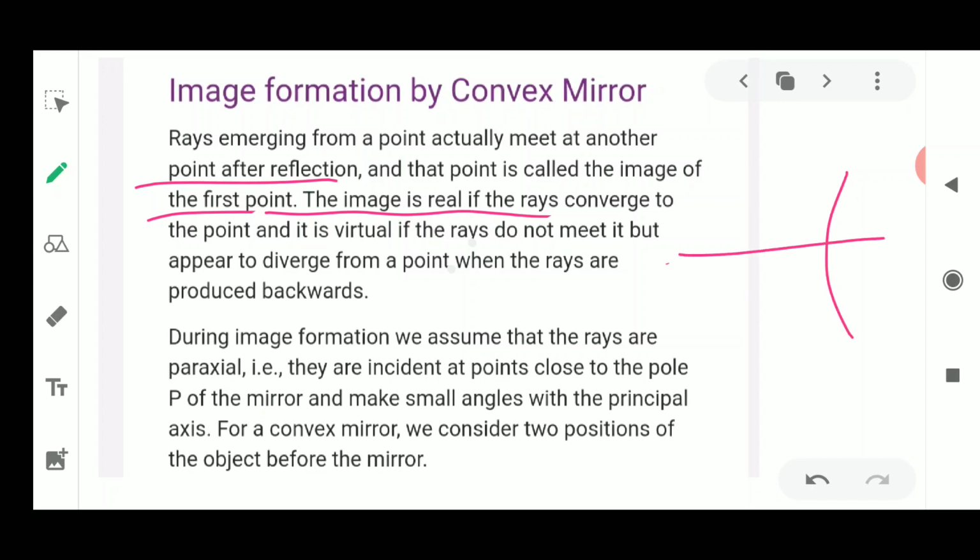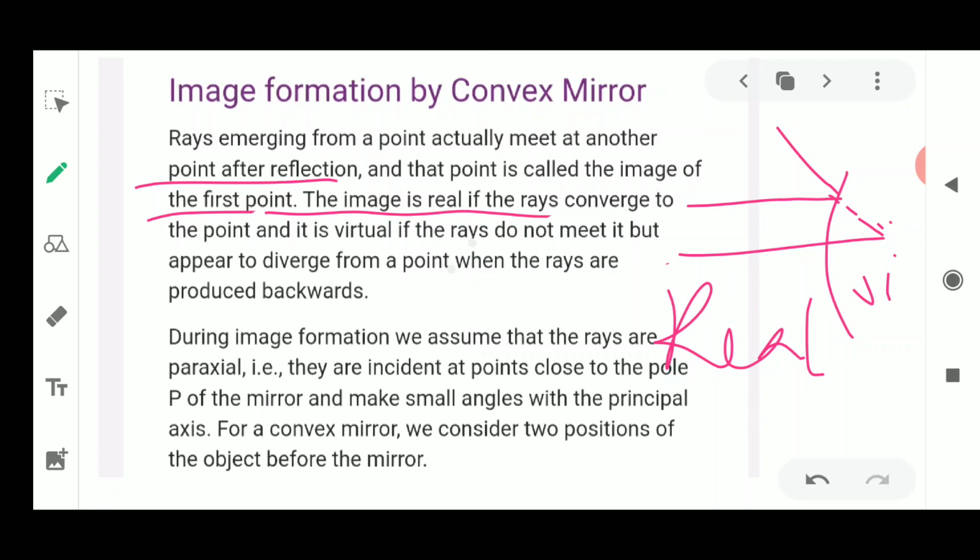So there is no point of meeting of the lines in the real form. This side, the front of the mirror, is the real side, and the back side of the mirror is always the virtual side. As the rays appear to come from the back side, a virtual image is always formed at the back side of the mirror.